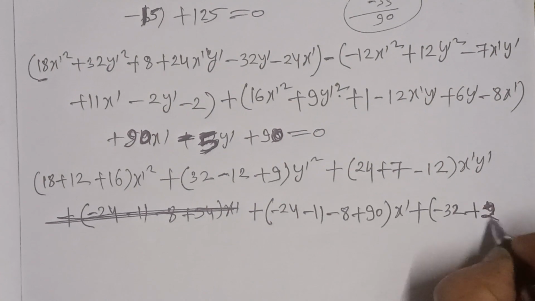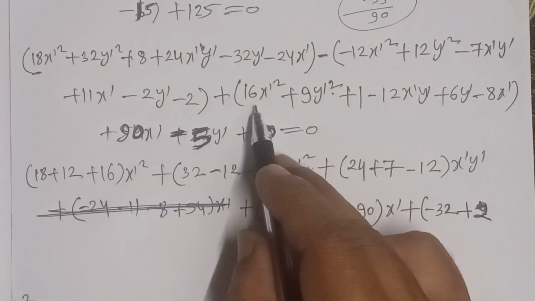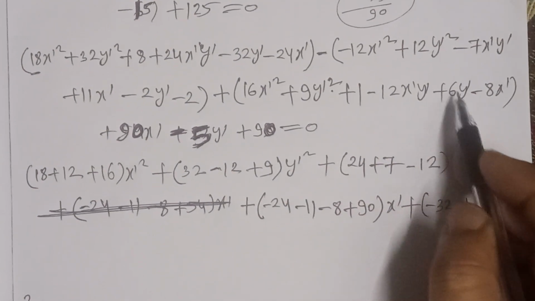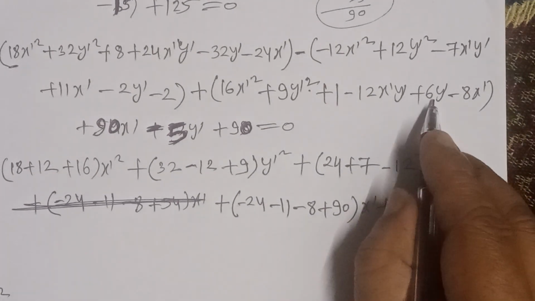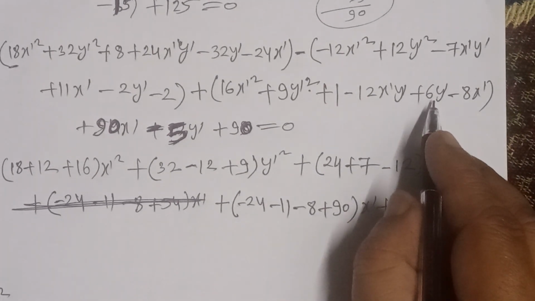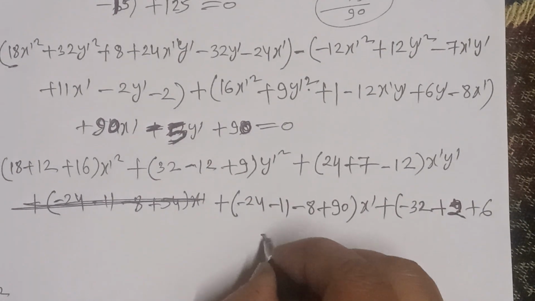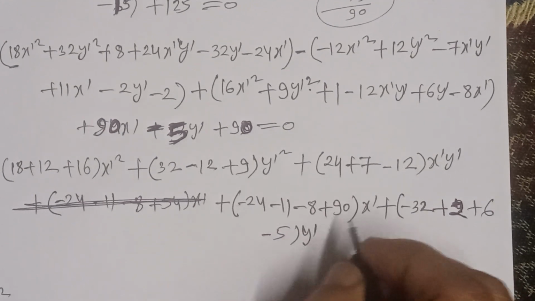It is wrong. And then we go to the next term. We get here the coefficient of y dash, which has coefficient 6. And last I write minus 5, which is the coefficient of y dash.